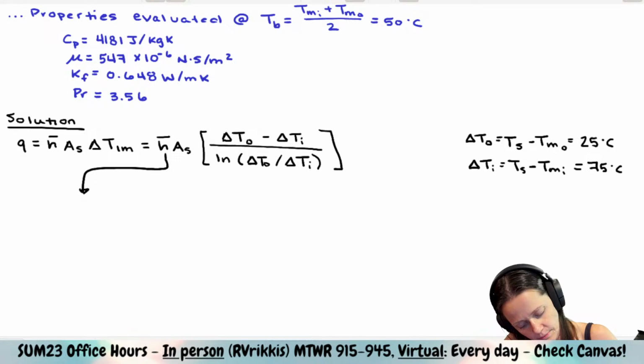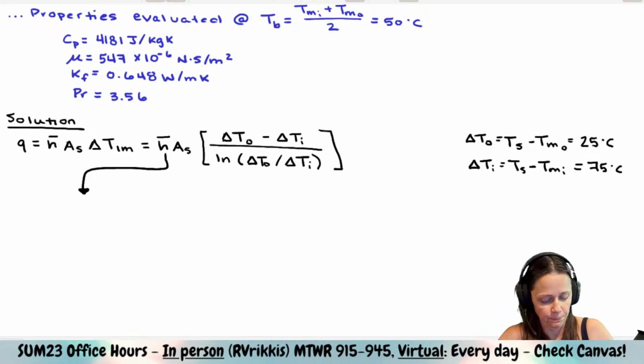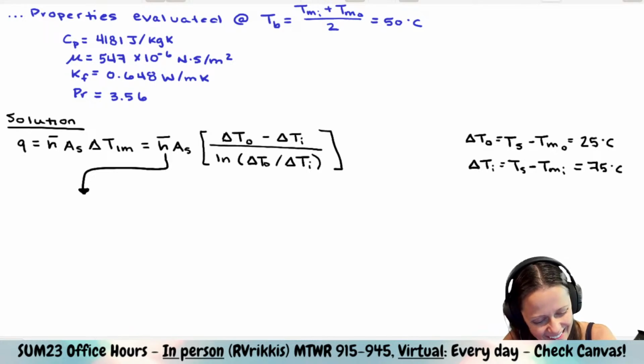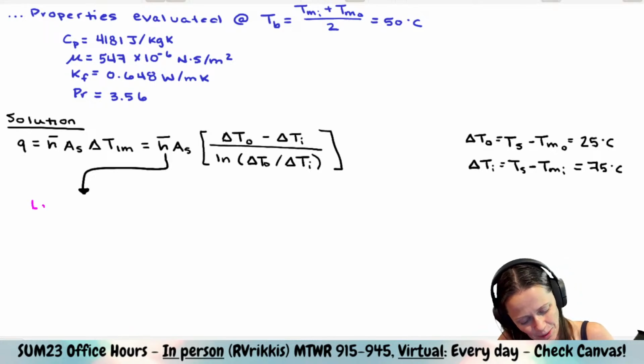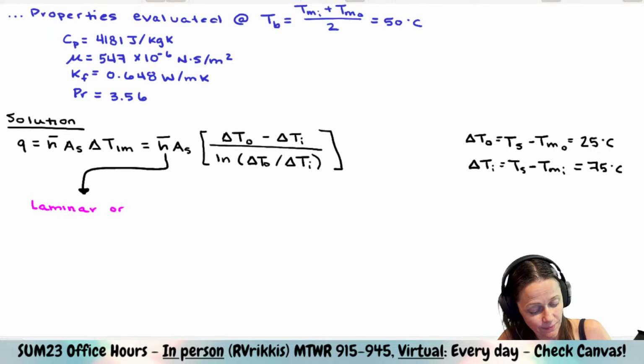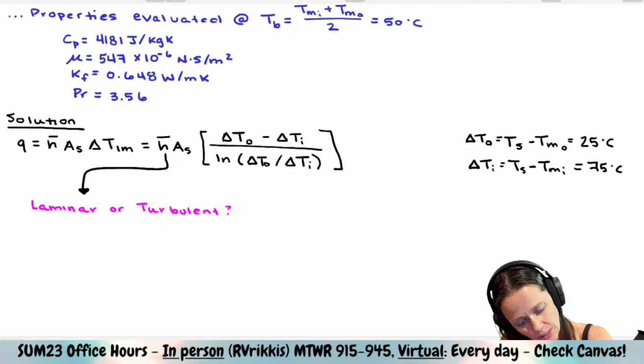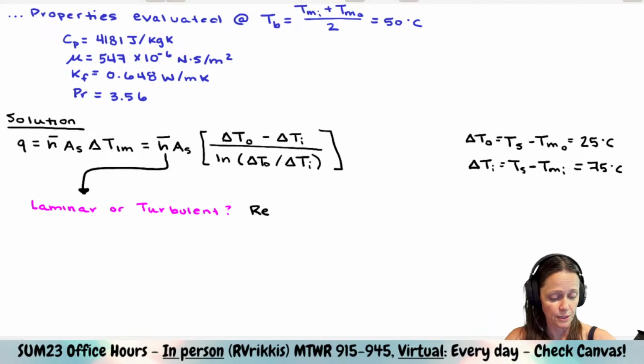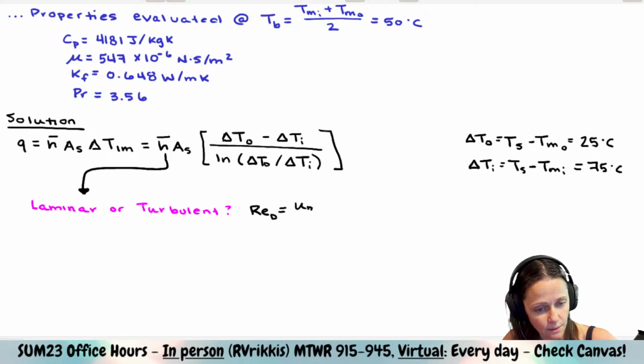Same questions, right? Is it laminar or turbulent? So let's calculate that. We've got to figure out what our Reynolds number is. Our Reynolds number is mean velocity times our diameter.